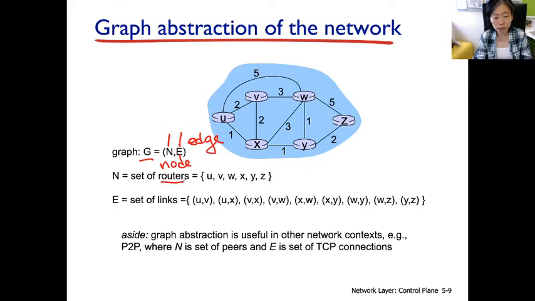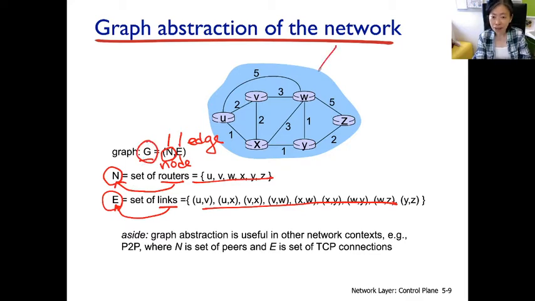If you consider the routers being nodes, the set of routers is the N. If you consider links being the edges, then E is the set of the edges. With the set of nodes and the set of edges interconnecting the nodes, we do have a graph. So a network here is also a graph.